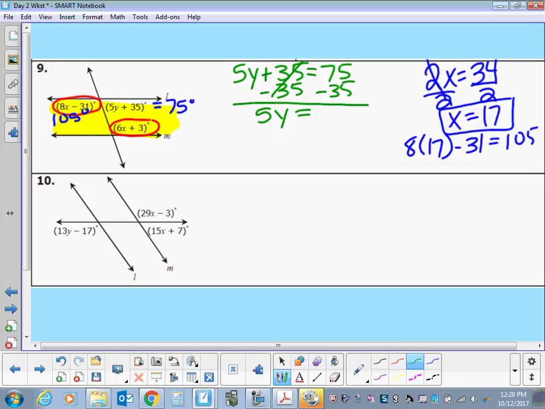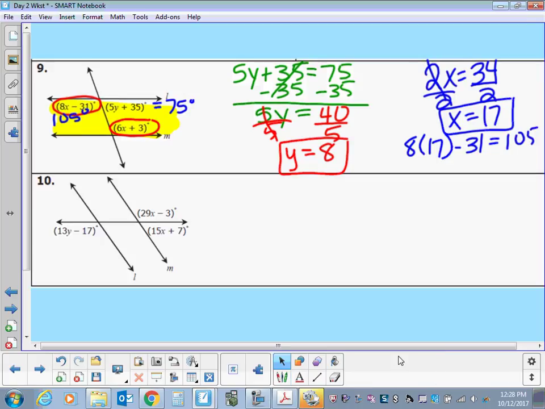Let's act like you're sophomores and juniors. 75 minus 35 is what? 40. So my y is equal to 8. So when you have two variables, it's a two-step equation.